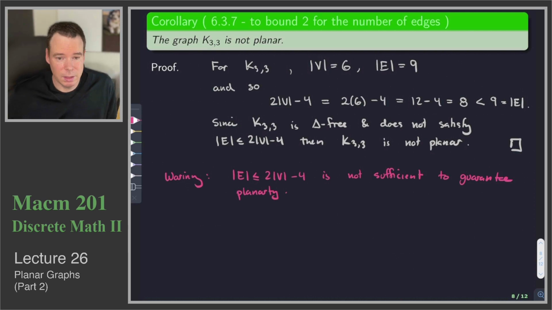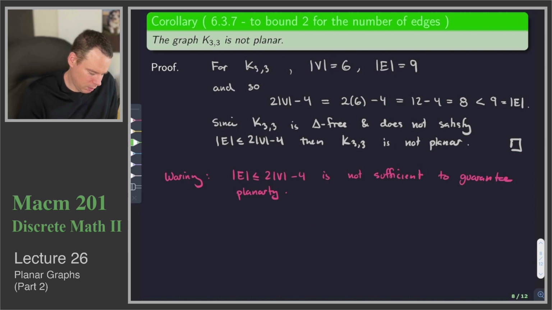It is a necessary condition for planarity because if the graph is planar and triangle free, then it's necessary that this inequality has to hold. But just knowing that this inequality holds is not enough to guarantee planarity. So again, we'll leave this as an exercise.